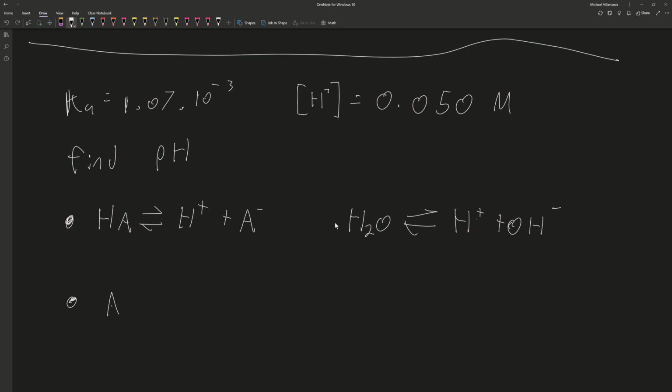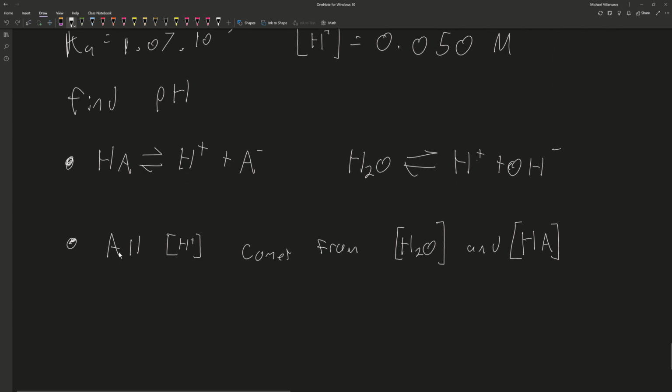We know that all hydrogen comes from H2O and HA. So we know that all the hydrogen that's being released into solution is coming from the acid plus the acid from the water from autoionization.